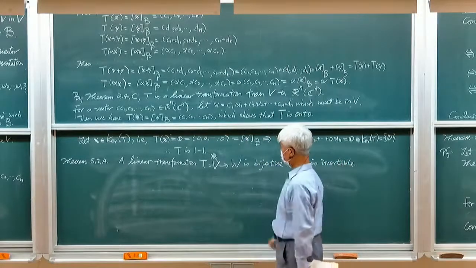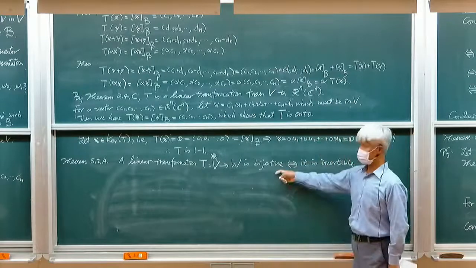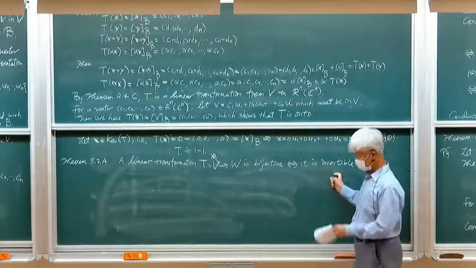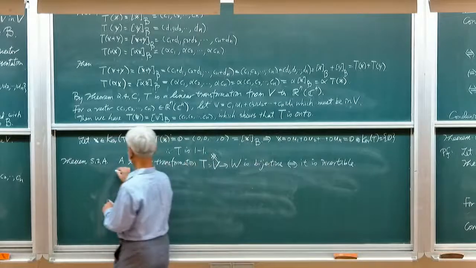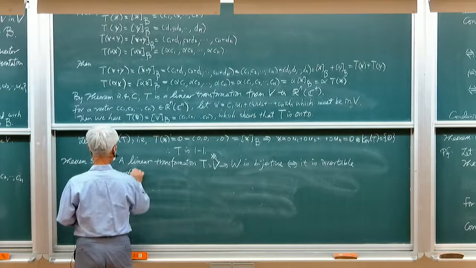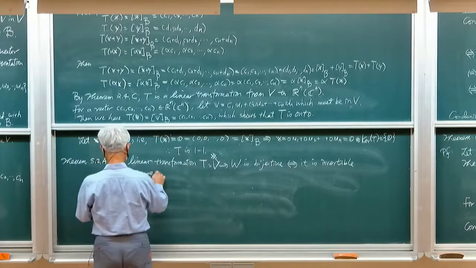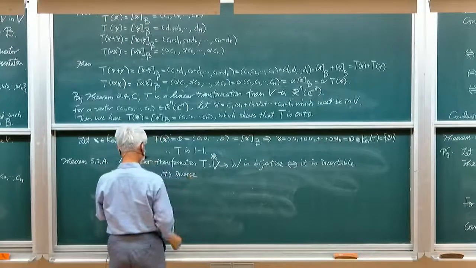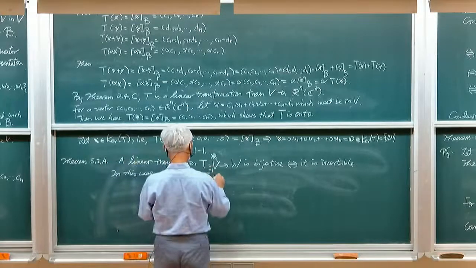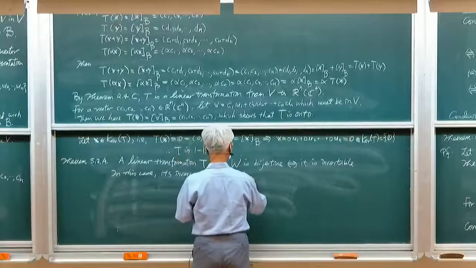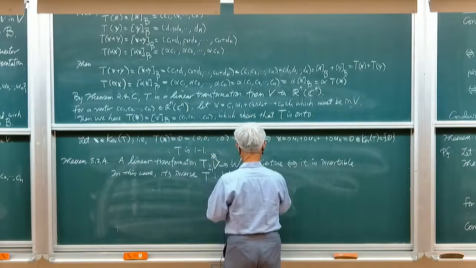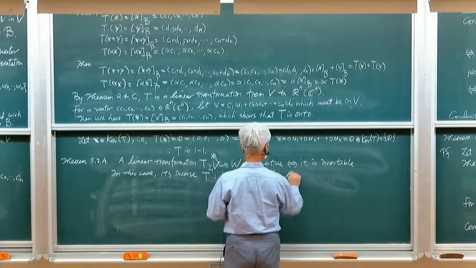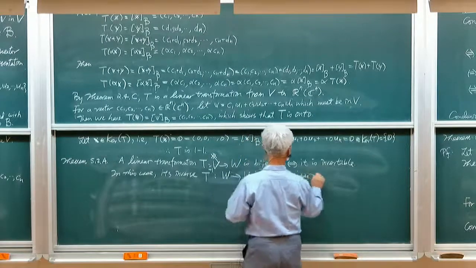A linear transformation is bijective if and only if it is invertible, and in this case its inverse, from W to V, is also linear.